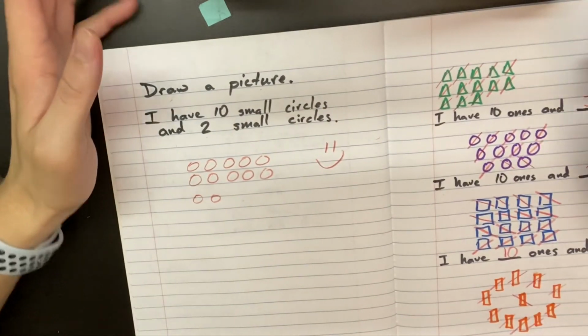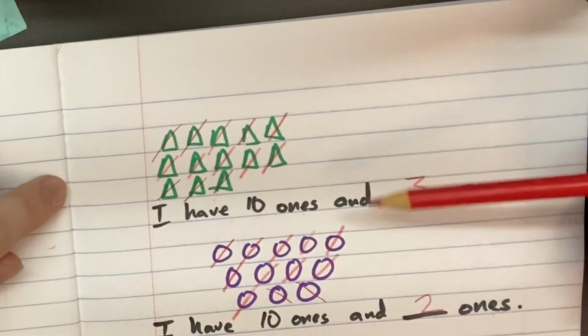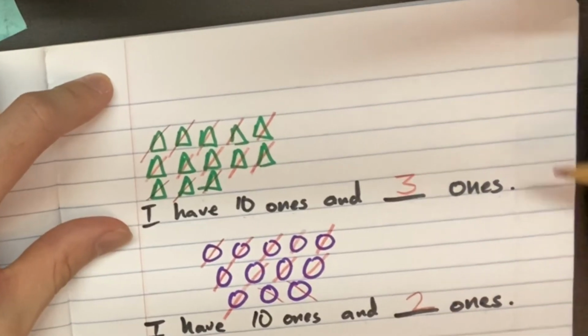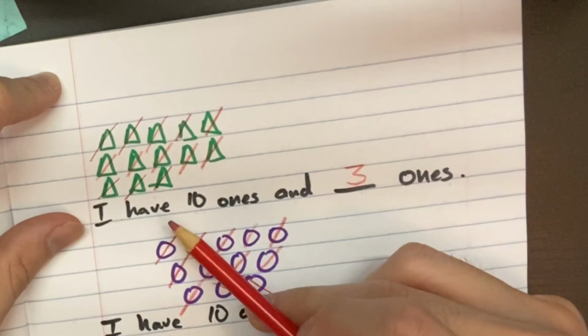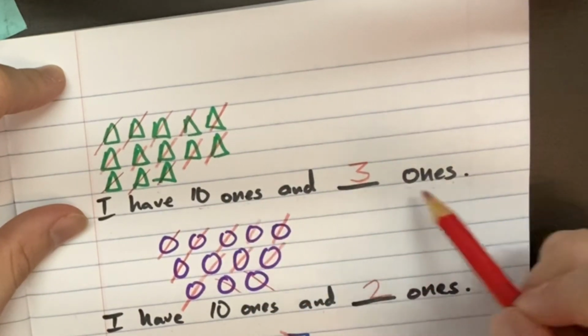All right, so I'm going to ask you a question now. Over here, I had this number right here, 10 and 3, this first problem. If you don't know, 10 and 3 is 13. So 13 is the same thing as 10 ones and 3 ones.